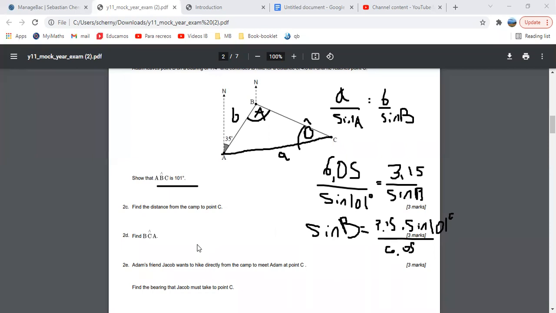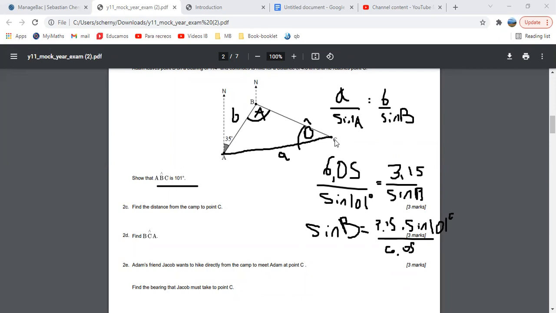and this I will divide by 6.05 if I'm not mistaken, and this gives us the sine of angle B. Since we need the actual measure of the angle and not its sine, we will just do shift sine of answer. And this will give us 30.7 degrees. So this is the angle that we are looking for.